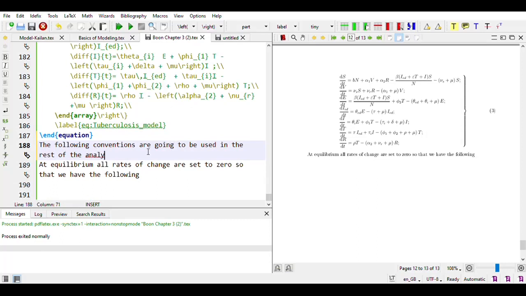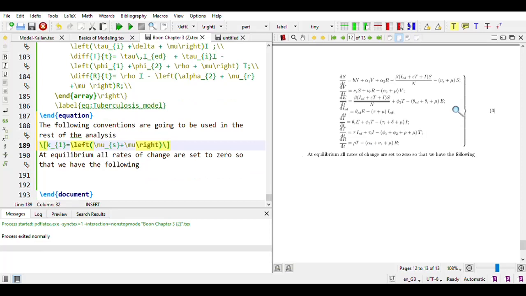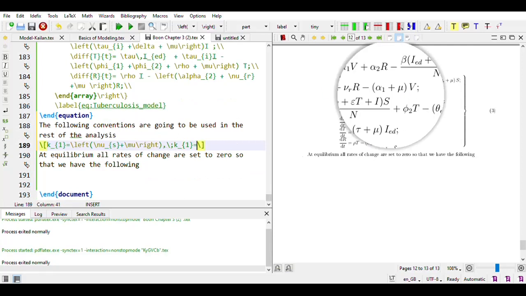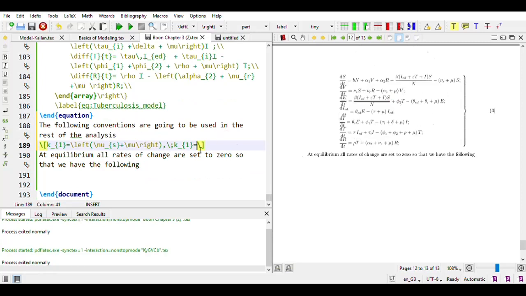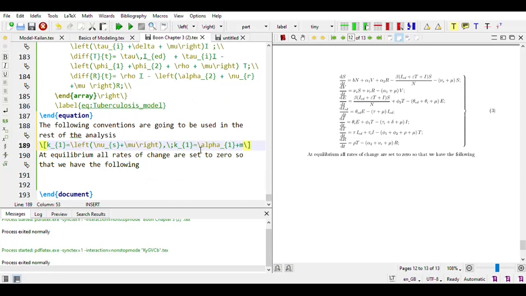Let k1 be equal to mu_s plus mu, and then k2 represents the next set of parameter sums, that's alpha1 plus mu.